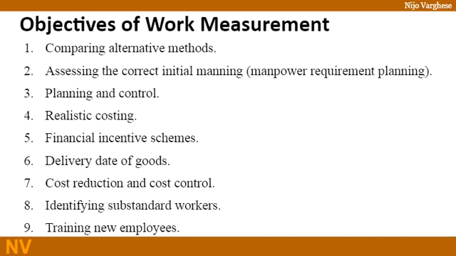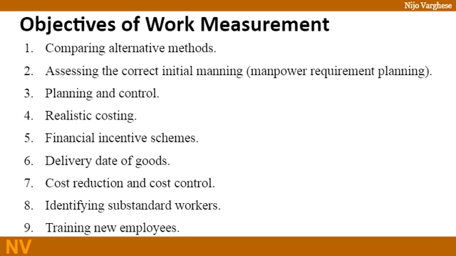And what are the objectives of work measurement? The first one is comparing the alternative methods. There will be different methods to complete a particular work, so in order to compare them, we can use work measurement as one technique. Then, to assess the correct initial manning, the manpower requirement can be planned properly if you are doing the work measurement.